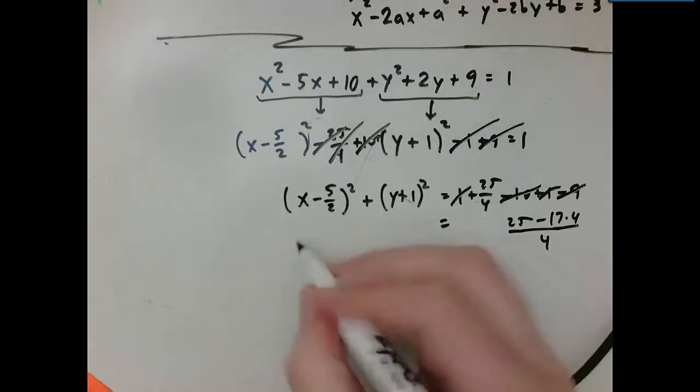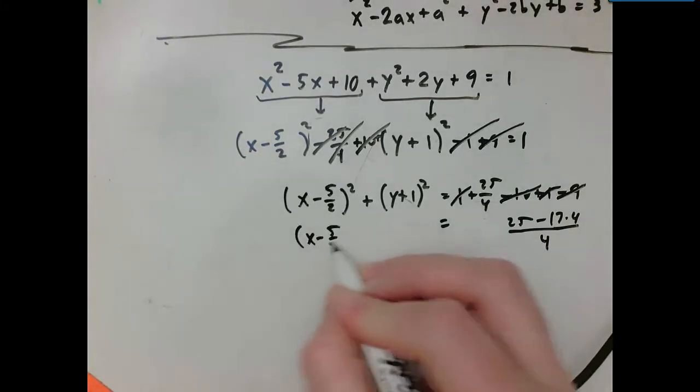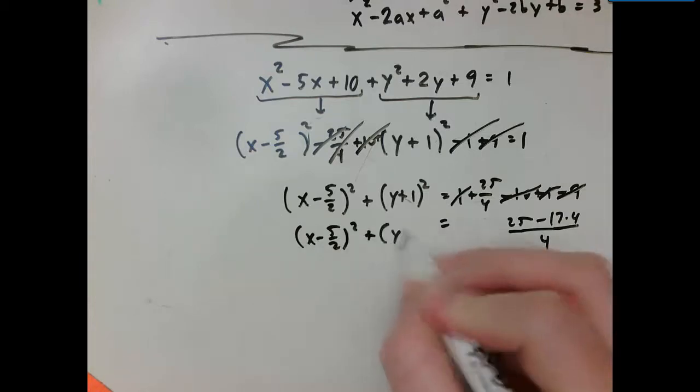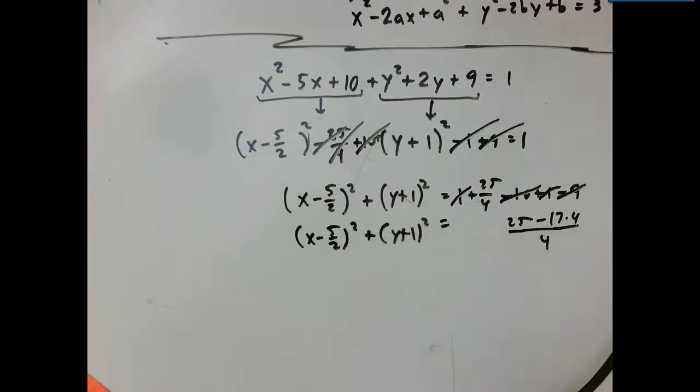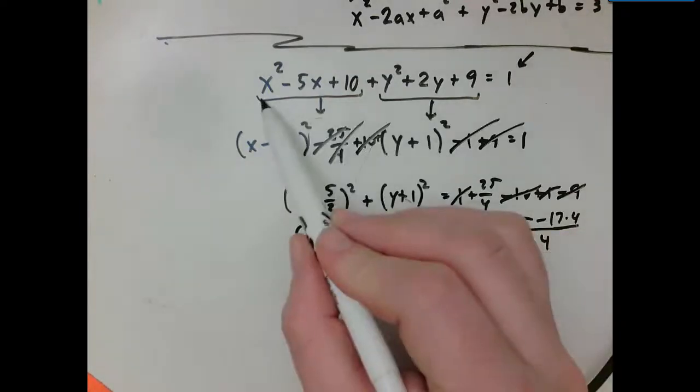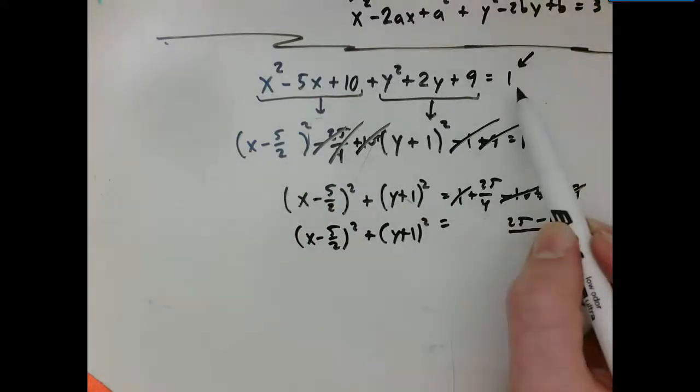Let's leave that where it is for the moment and step back and assess. You might have thought, looking at this number 1 initially, that this circle has a radius of 1.